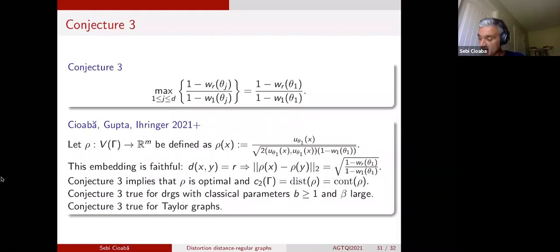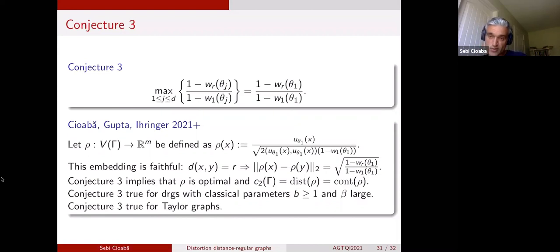And this is an embedding where U θ1 x is the row in the matrix U θ1 corresponding to the vertex x, and you scale it just so that it's all faithful. So conjecture 3 implies that rho is optimal and that C2 of G equals the distortion, which is also the contraction of rho, because the expansion is 1.